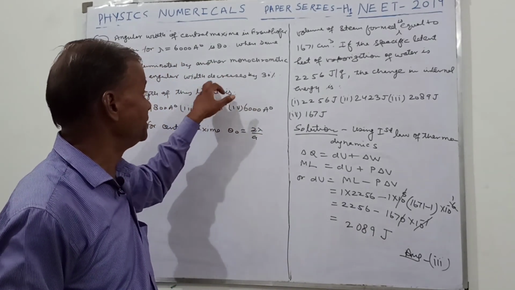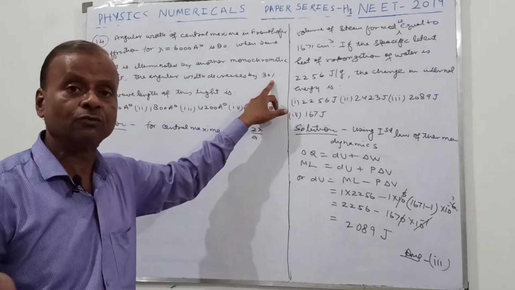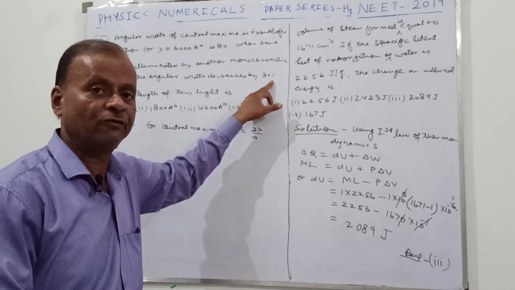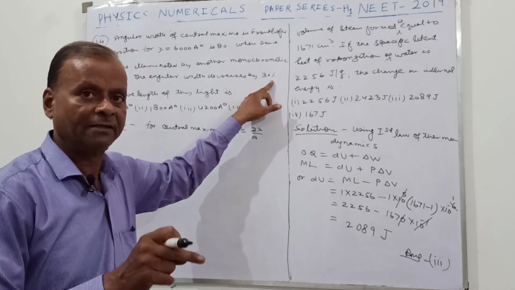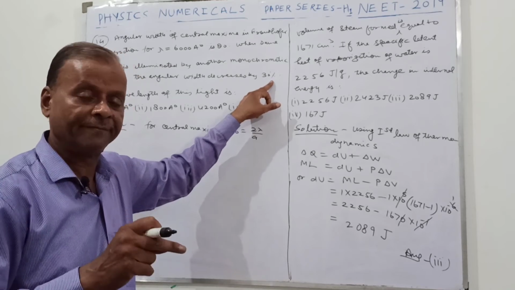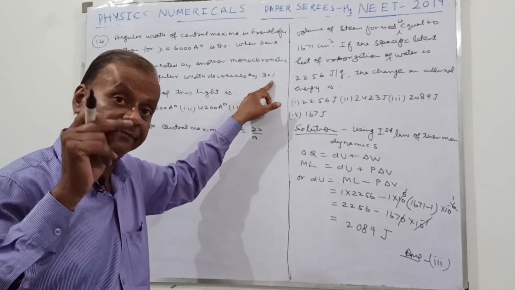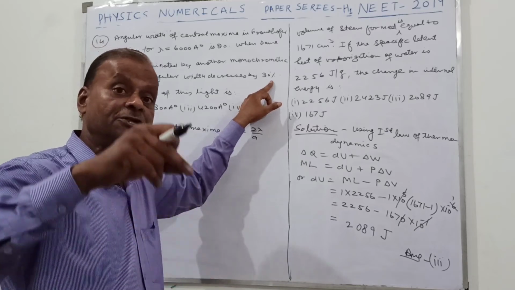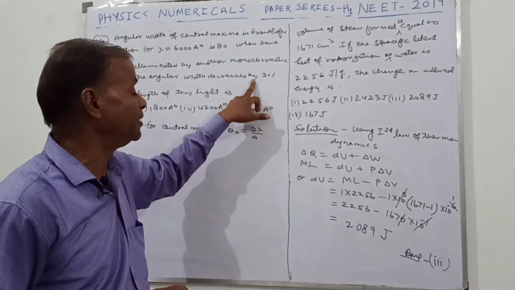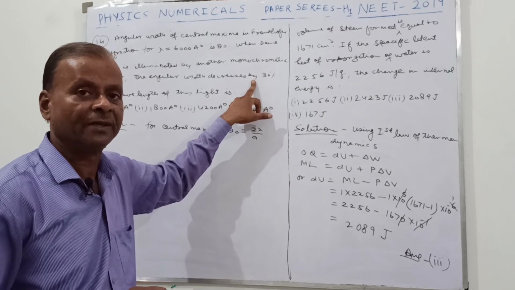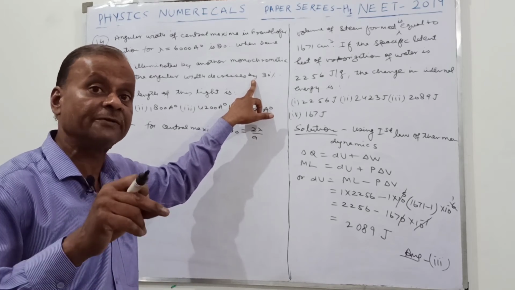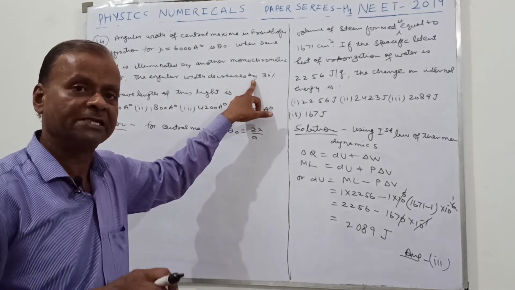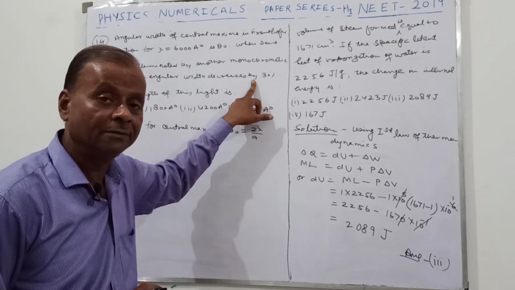If it is given decreases by 30%, you subtract this value from the initial value. If suppose it had been given decreases to 30%, in place of by we write down to 30%. It means that now the intensity remaining is only 30%, and 70% has gone away.